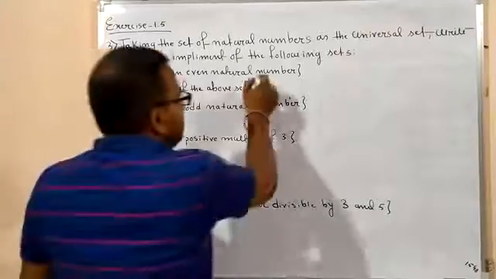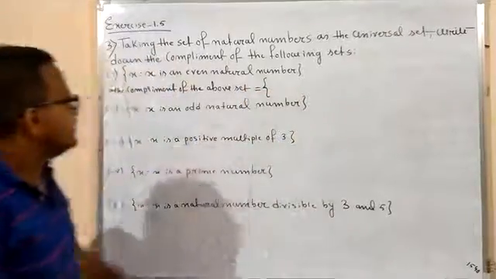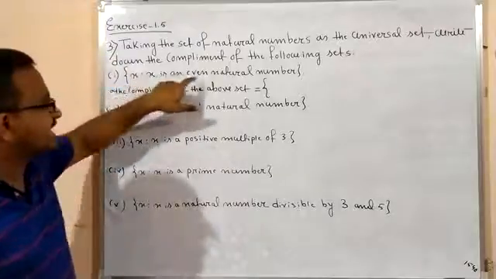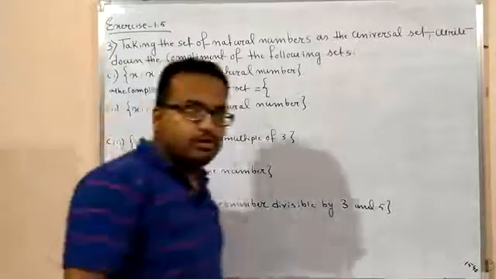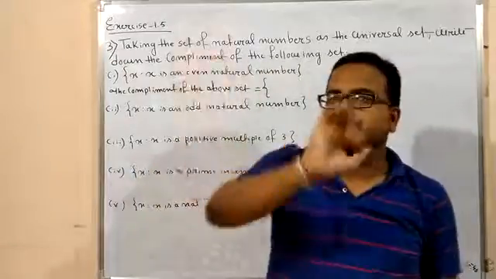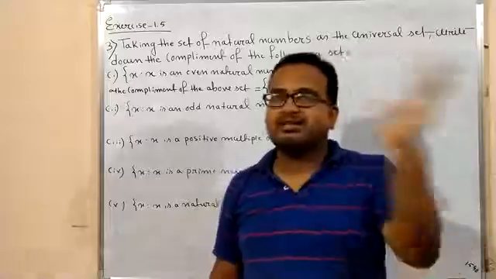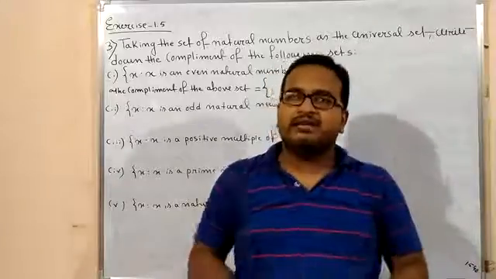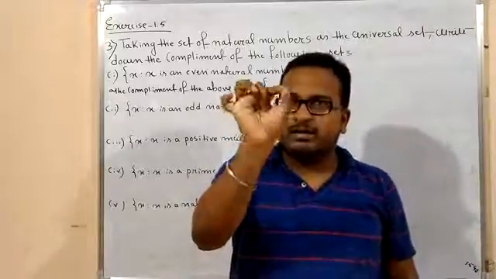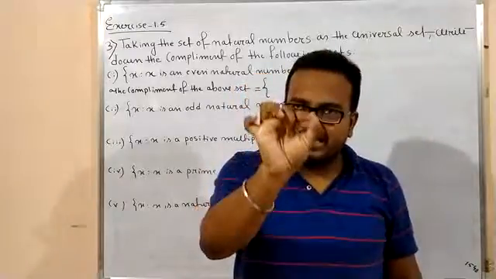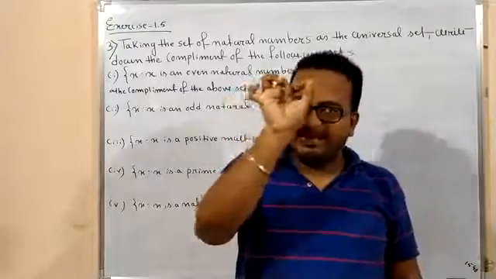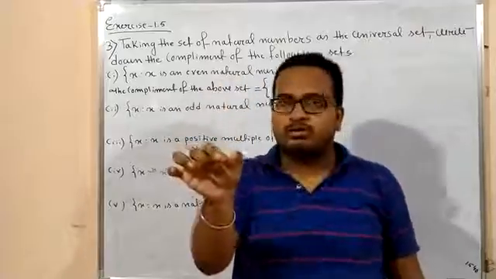Now the set is X such that X is an even natural number. So we know in the set of natural numbers, two types of natural numbers are there. One type, the numbers may be even, or in the other type the number may be odd, right? That means a natural number must be even or odd, isn't it?